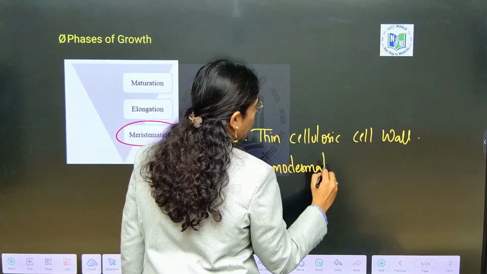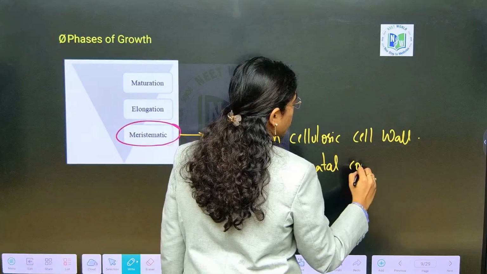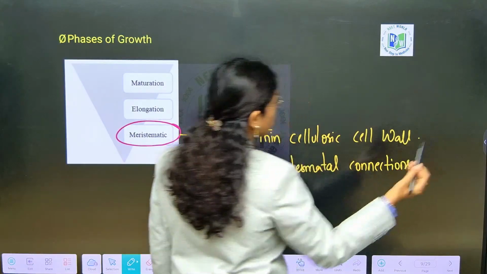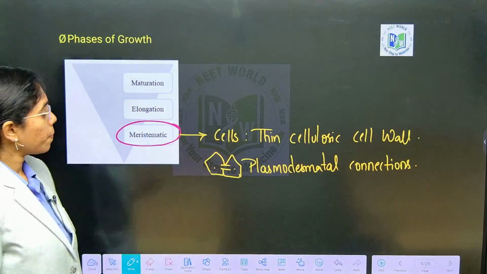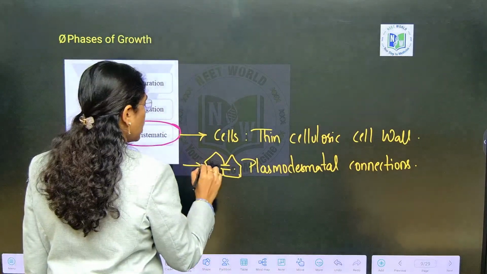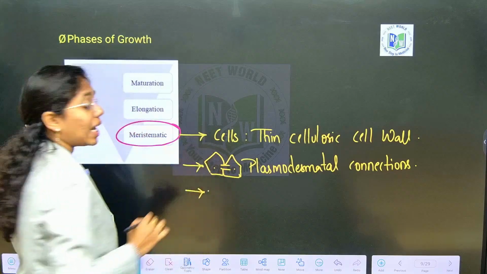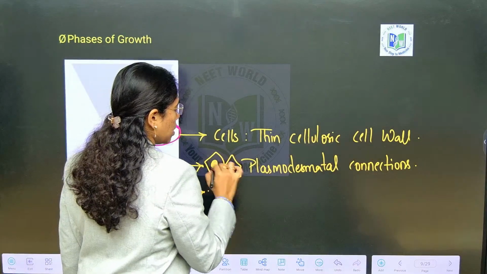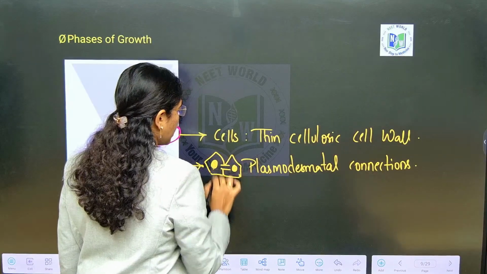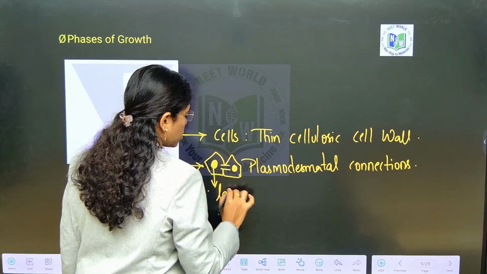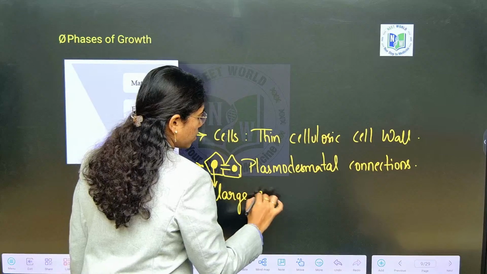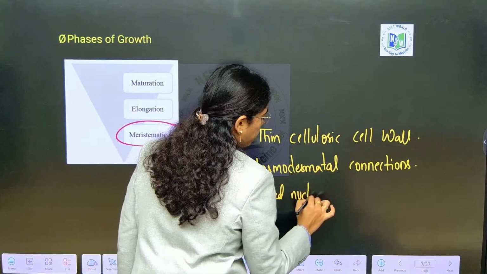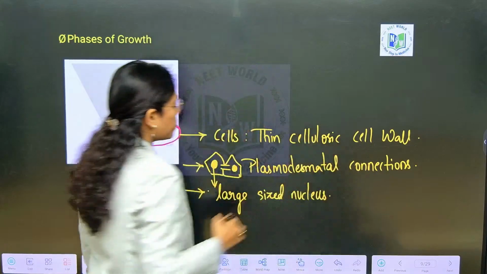Plasmodesmatal connections for easy translocation of minerals and nutrients. And then next, a large nucleus is present inside the cell.